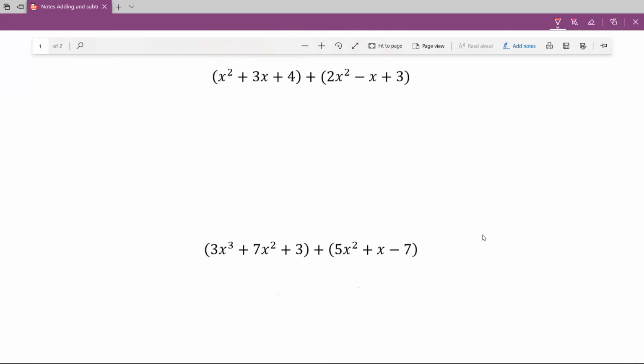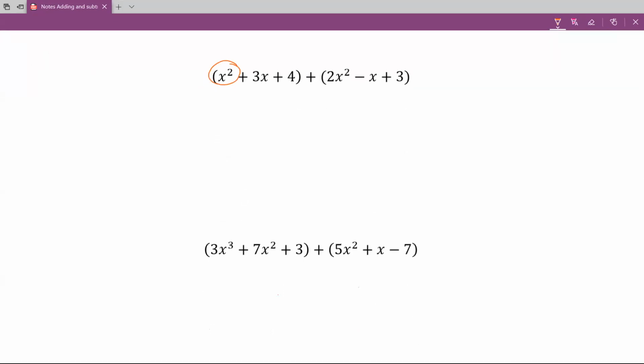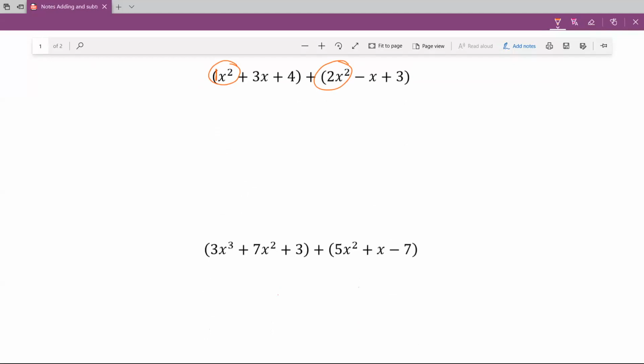Now, because I know my answer needs to go from highest exponent to lowest exponent, I always look for the highest exponent and start from there. X squared. Well, there's another x squared with a 2. Don't forget that the first one has an imaginary 1 out in front.